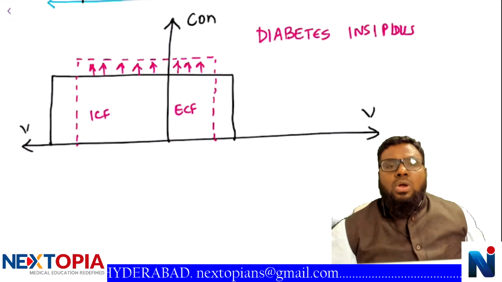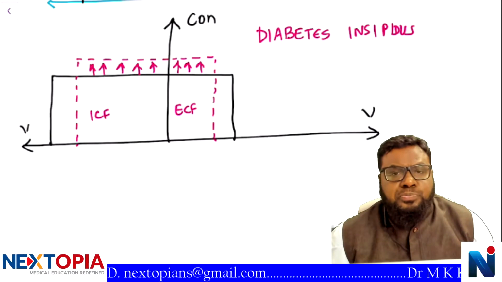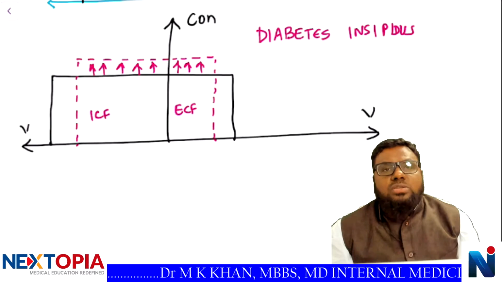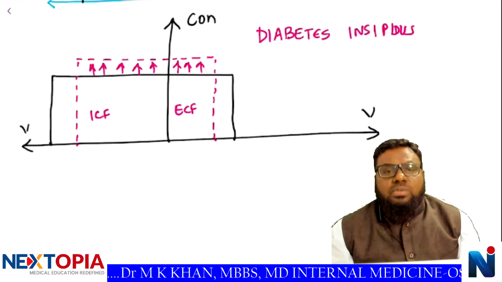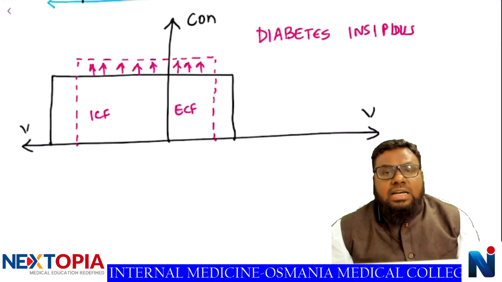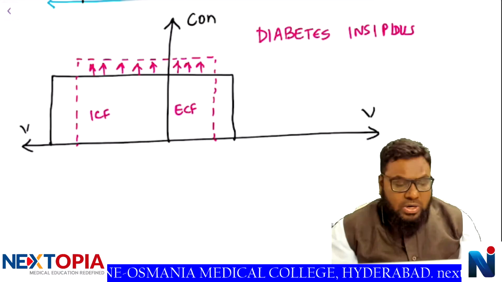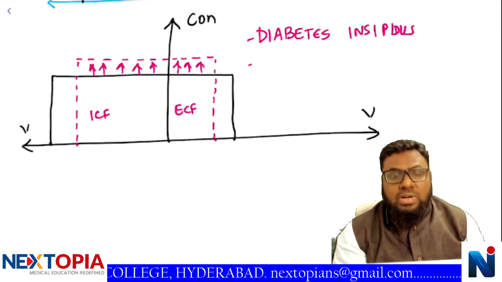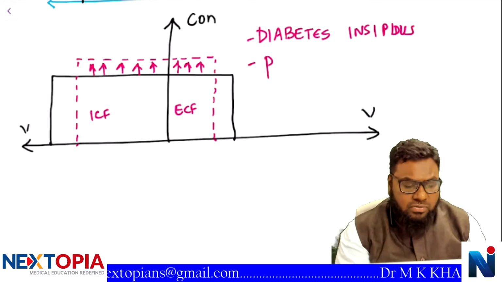So this diagram is representing that there is a net loss of water from the body. It occurs because of important physiological reasons, like if you're not drinking the water properly, so poor intake of water.